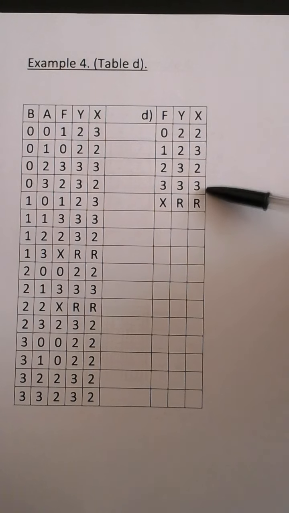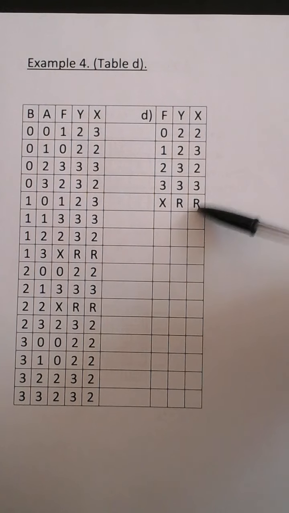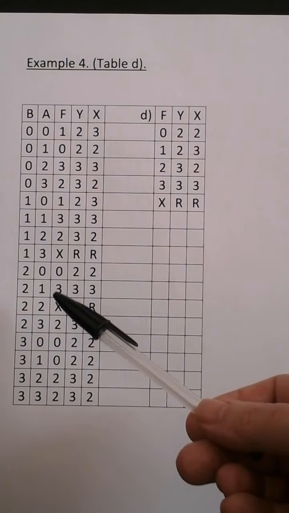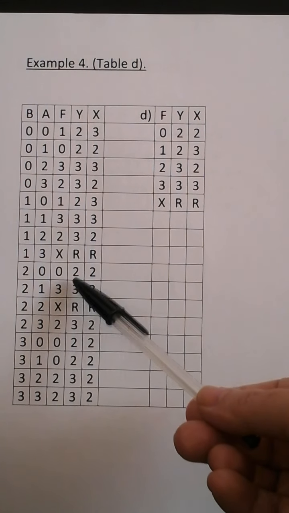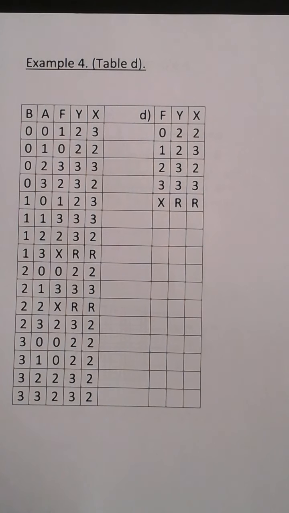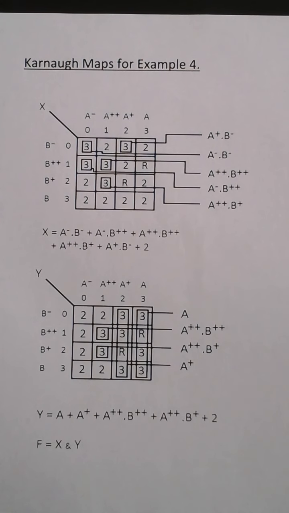X assumes the value of 2 or 3, and so does y. The value of r there is 2 or 3. So for example, we have f equals 3, x, y equals 3 and x equals 3. So we'll see the kernel maps for x and y for table D.